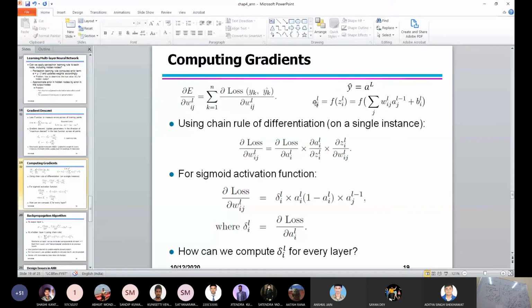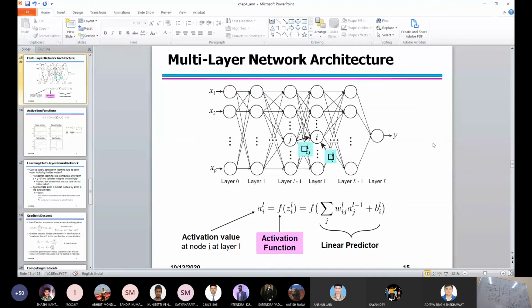First is AiL, which earlier we wrote as f of ZiL, where f is applied to Wij AjL minus 1 plus biL. Now what will be the value of the predicted value? The predicted value is nothing but the last output. Y is nothing but this node output, and this layer is L, so this is nothing but AiL.